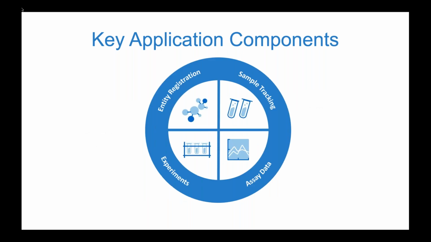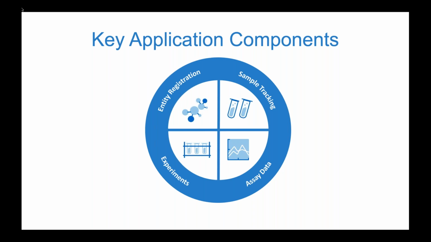So what are those key application components? I really want to focus on these 4 highest level areas within LabKey Biologics. There are some other tangential pieces that we can talk about as well, but these are the 4 key things. First and foremost is entity registration, registering molecules, sequences, and cell lines. Tracking samples in terms of what is the definition of those samples and where they were derived from.